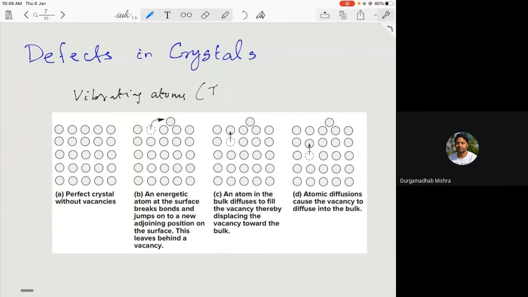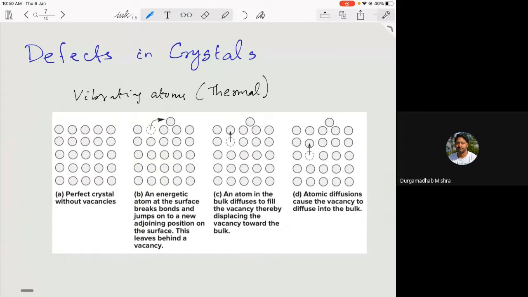This is thermal vibration. One can assume they are almost like simple harmonic oscillators, which oscillate around their mean position, which is the lattice point. They are vibrating around that, and that is due to the temperature.